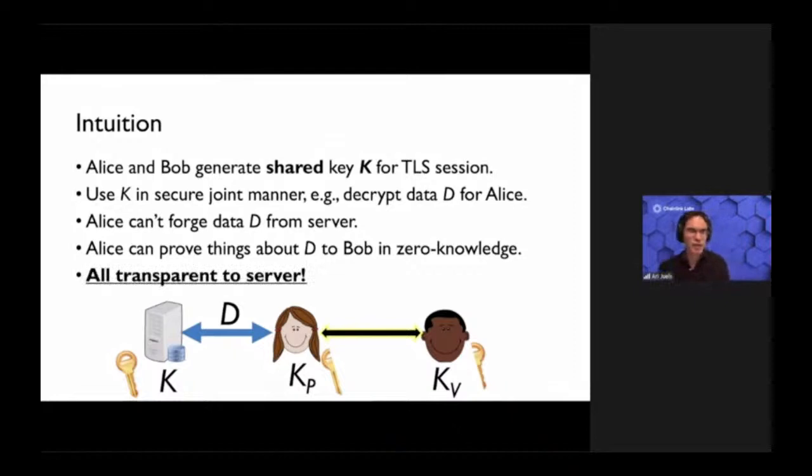And all of this, again, is transparent to the server. The server doesn't see any of this stuff shaded in gray. It has no idea that there's an interactive protocol happening on the back end. As far as it's concerned, it's talking to a perfectly ordinary client.